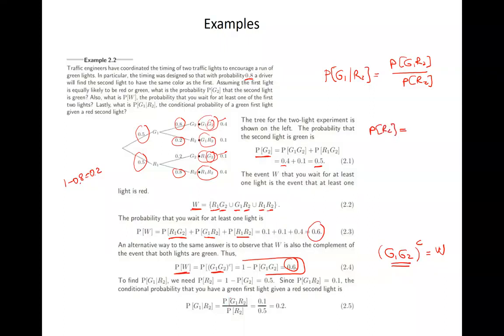Probability of R2 will be simply 1 minus probability of G2. Or alternatively, we can take the outcomes including R2, so this one and this one, which is 1 minus probability of G2, which is 0.5. So we insert this into here. This is already known. So probability of G1, given that R2, is simply found to be 0.2. So 20%.